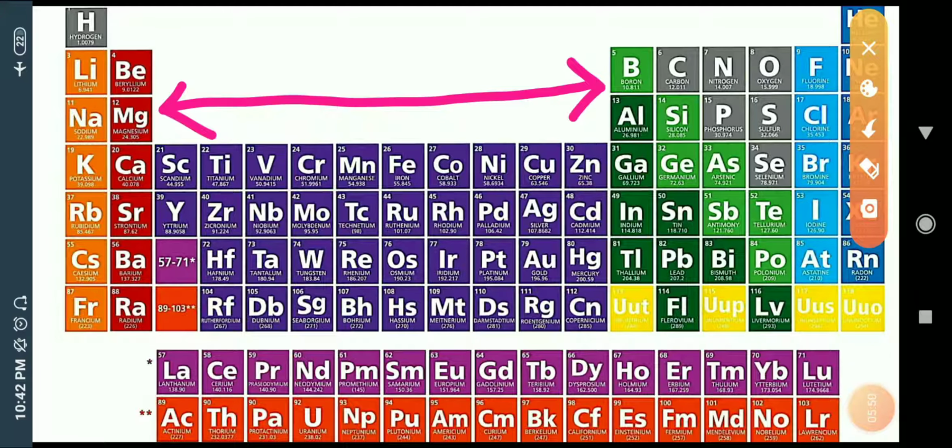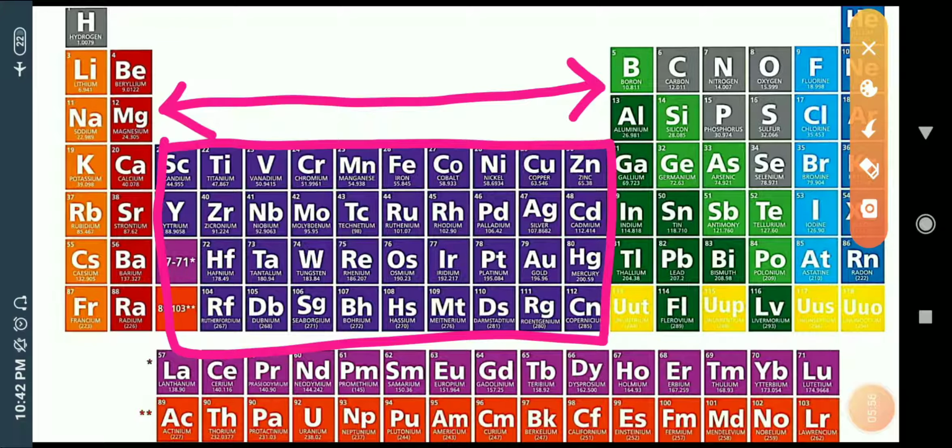four series. This D block contains four series.